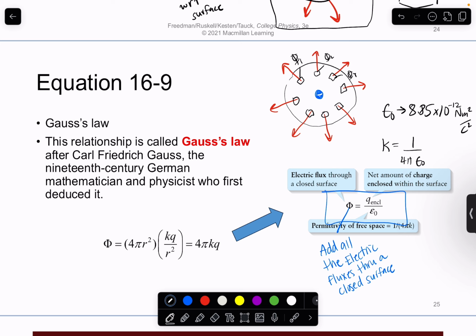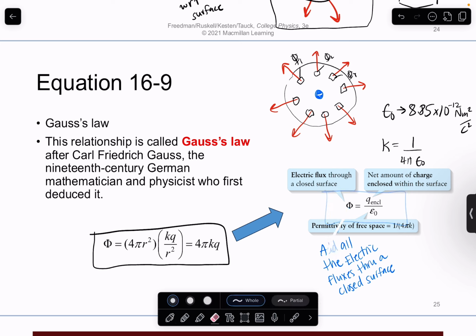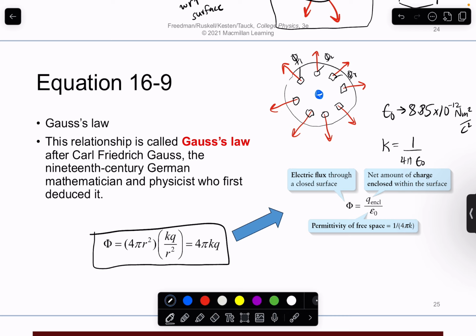What we saw in the previous slide is this. We calculated the electric flux, and we saw that it was equal to 4 pi kq, okay? This is exactly what this equation says as well, except all we did was replace k with 1 over 4 pi epsilon naught, because k is shorthand for all of this, 1 over 4 pi epsilon naught.